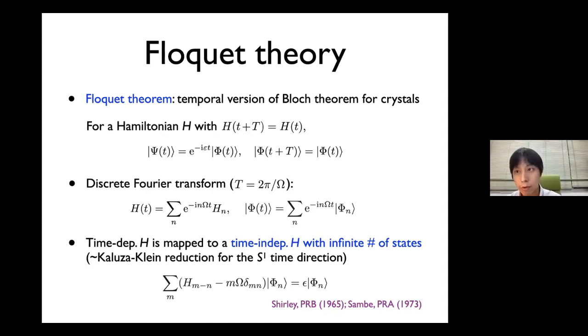From this procedure, we can map a time-dependent problem of the Hamiltonian into a time-independent Hamiltonian. But the price we have to pay is that we need to consider an infinite number of states.